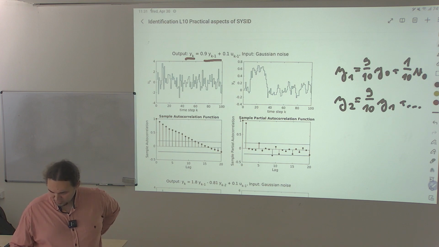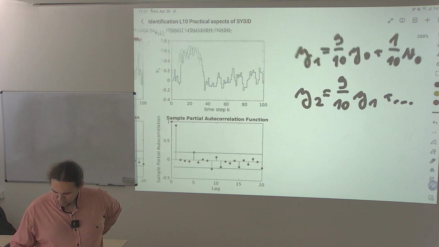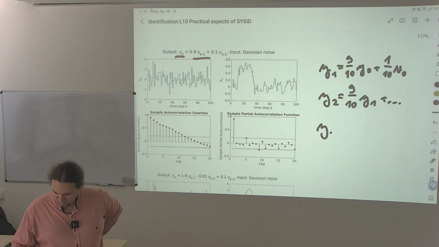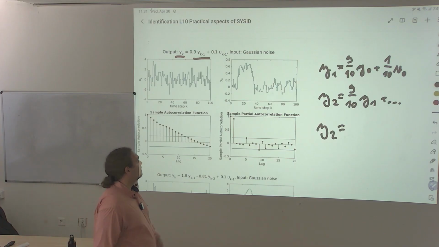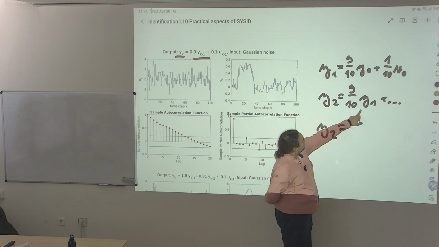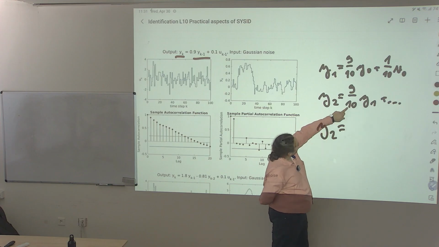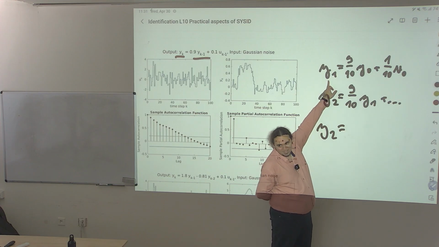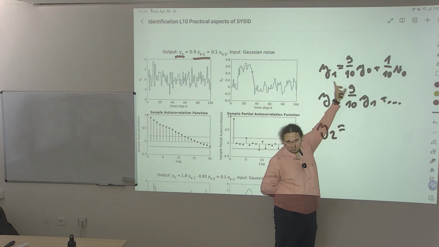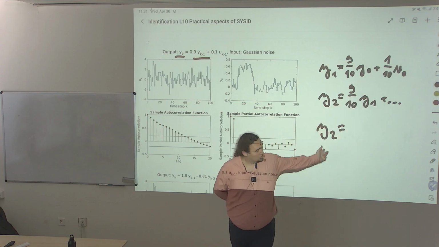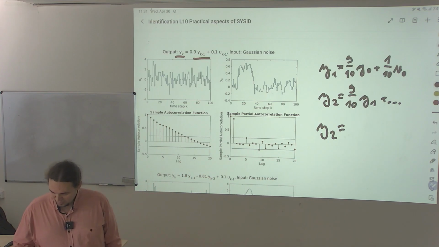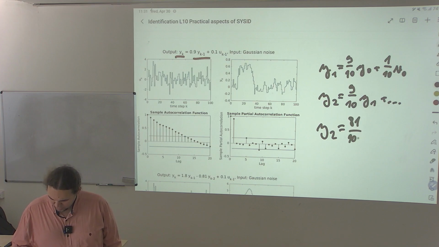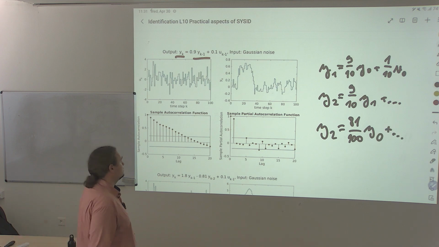We don't care about the u, because we can rewrite this expression. We can basically plug in y1 from the first line into this y1. So we will find out what we have: 81/100 y0 plus and so on.